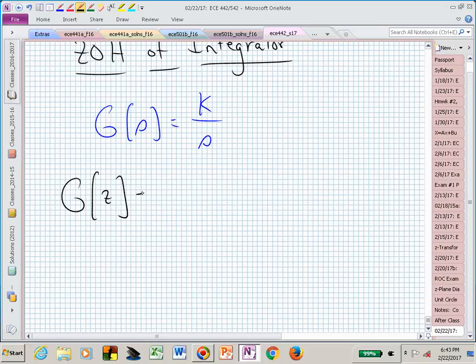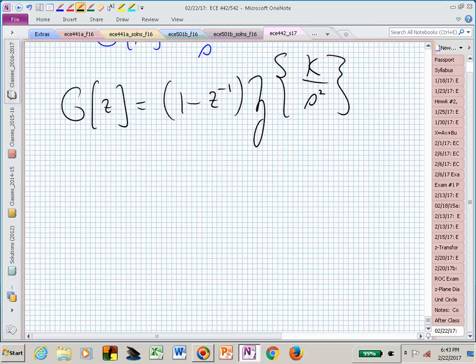What you have memorized after today's class. Oh, that's just capital G of z, which is 1 minus z to the minus 1, Z-transform of G of s over s. Well, that's just k over s squared. And now what do we do?